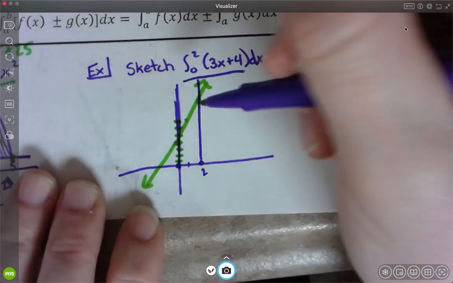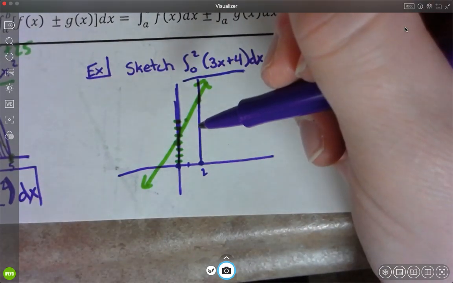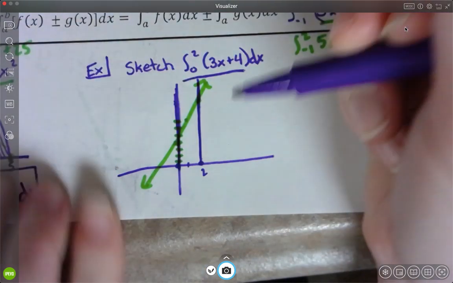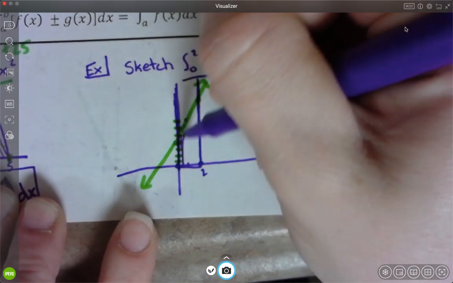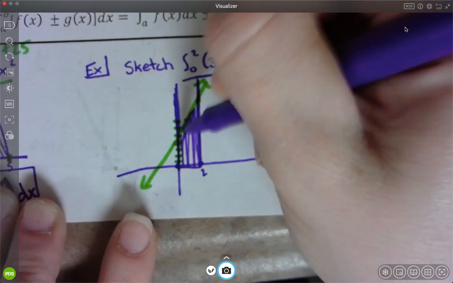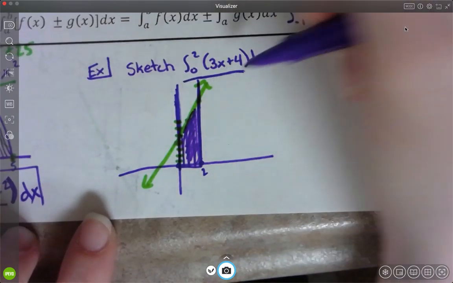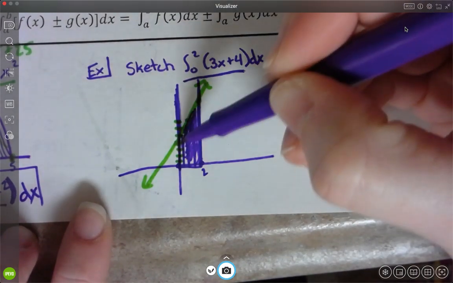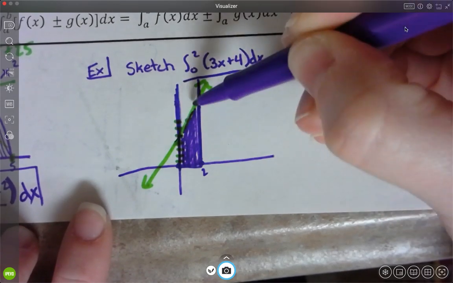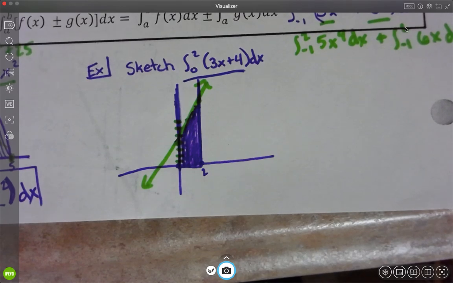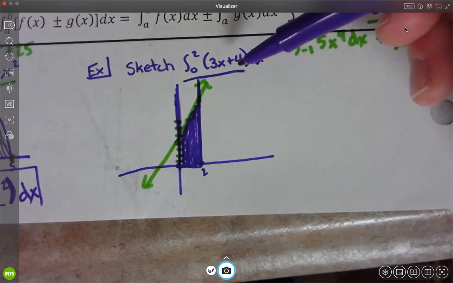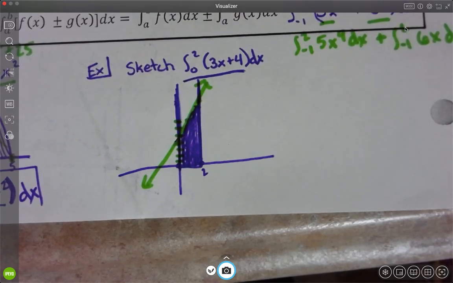I'm wanting to find the area that's bounded by these 2 lines and my green line and the x-axis. So that's going to be this region right in here. So if I were to evaluate this integral right here, it would tell me how many units are underneath of this curve and exactly what that area is. Okay, so that's sketching the graph of what we're trying to solve for, the area underneath of that curve, like that.